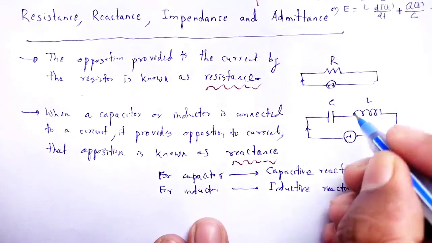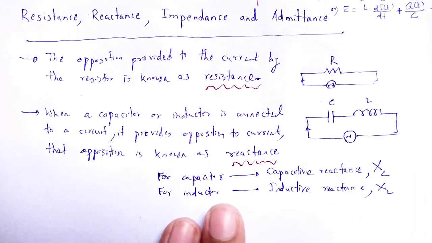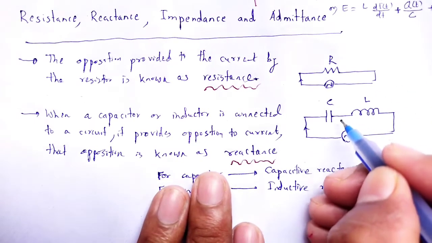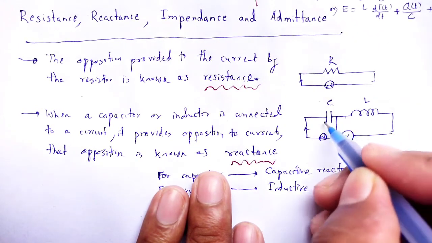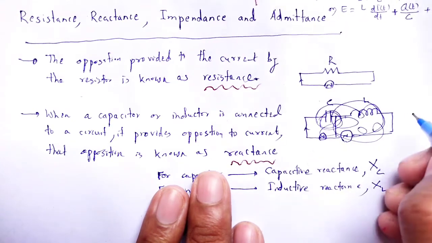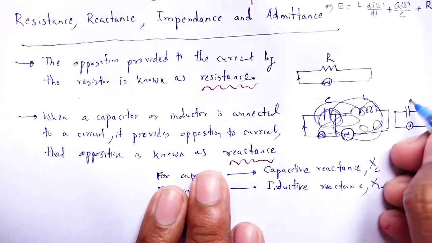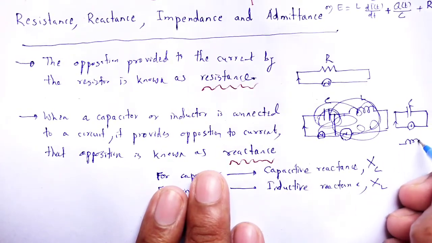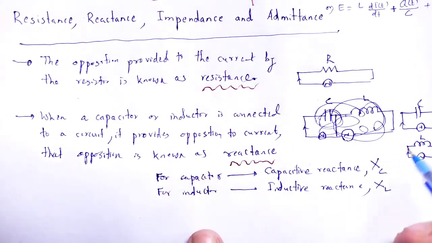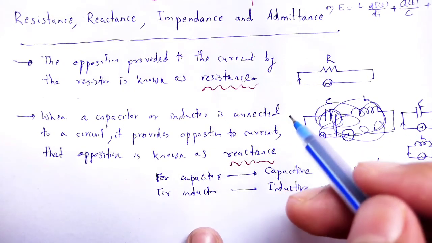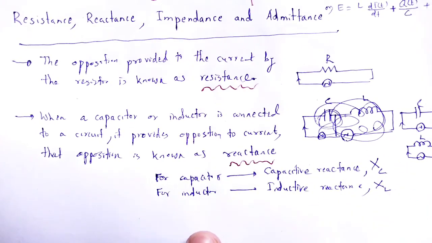Look here, either C or L, not both: either a capacitor is connected or an inductor is connected. Then the opposition provided to the current is known as capacitive reactance or inductive reactance.